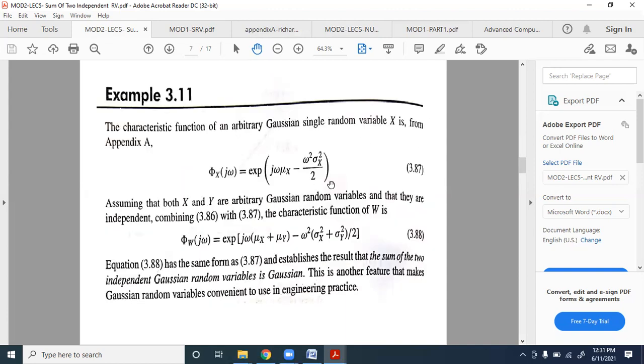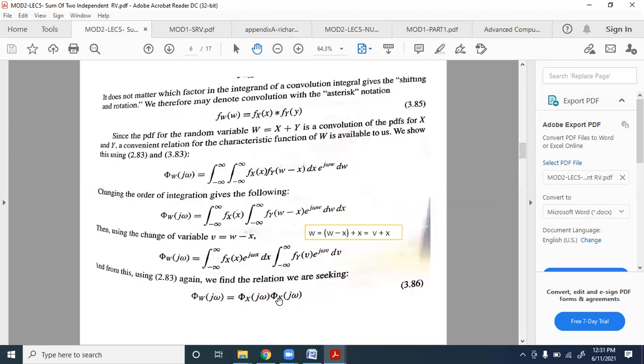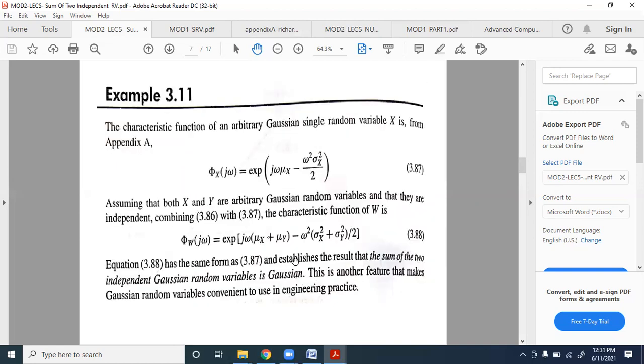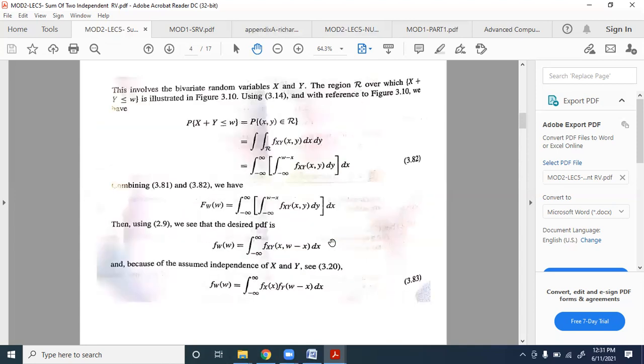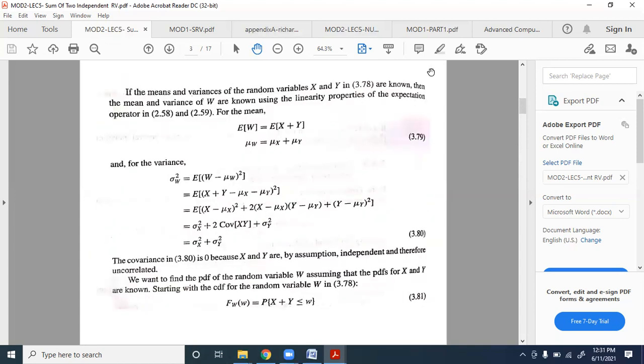Substituting 3.87 in 3.86 for phi x of j omega and phi y of j omega, we get this function, because e to the power of a multiplied by e to the power of b is equal to e to the power of a plus b. Once we have that, we can see clearly that mu x plus mu y is equal to mu w, and sigma x squared plus sigma y squared is equal to sigma w squared, from the equations which we have already written as 3.79 and 3.80.